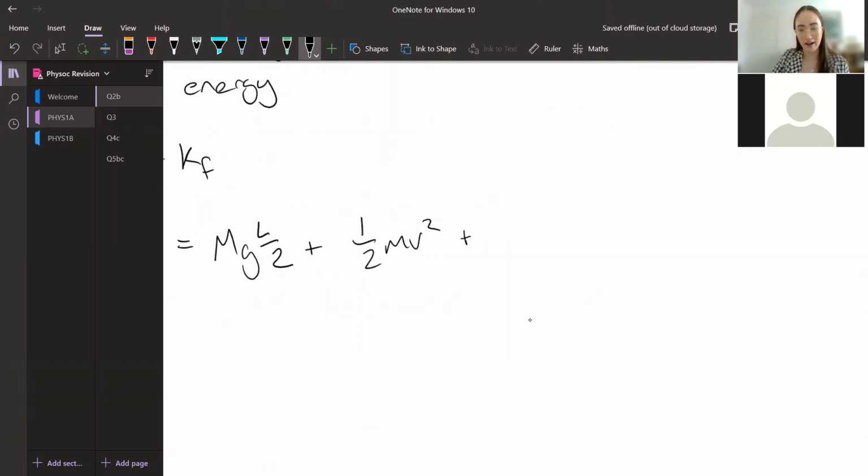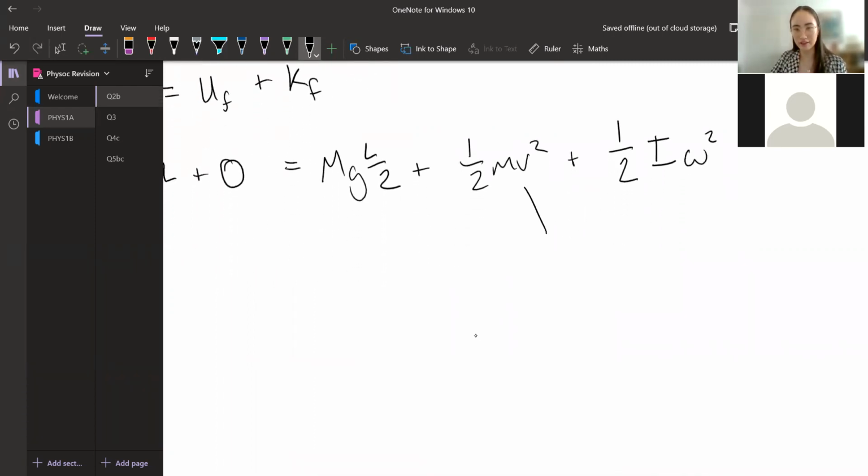The rod, on the other hand, we can easily find that rotational inertia value, and so we can define the kinetic energy of this purely rotating body. It's not also being thrown, it's just rotating about a fixed point, as half I omega squared, where omega is that rotational velocity.